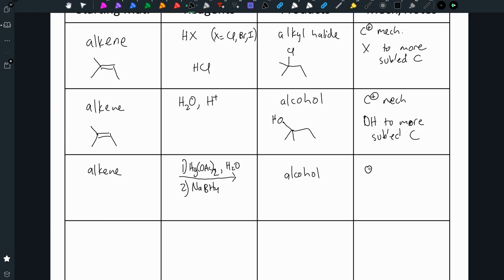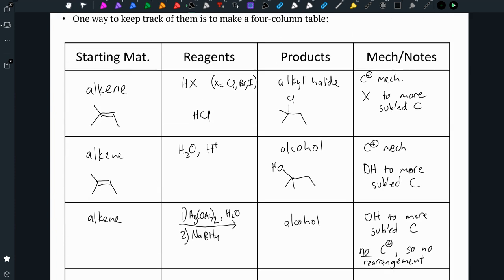It also went to the more substituted carbon. Now you may remember the difference in this case was there was no carbocation. So we didn't have to worry about rearrangement. So that's an example of a two-step sequence that I would include as a single entry in this chart.